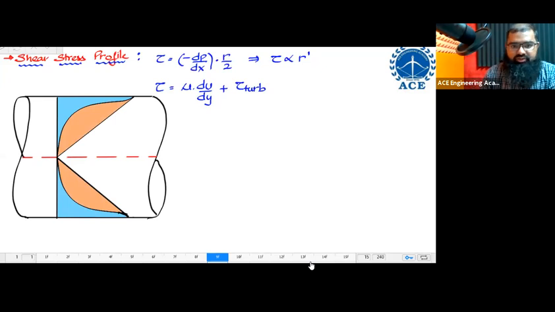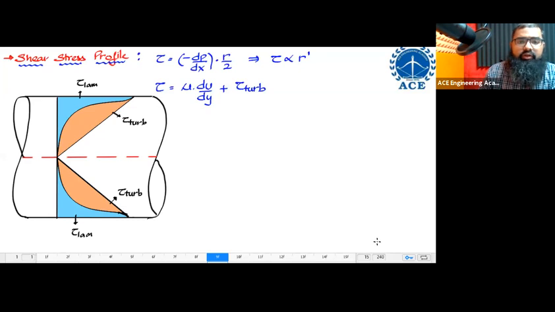So you're having two shear stresses. The net shear stress has a linear profile, but some part has laminar and some part has turbulent shear stress. This part over here is tau laminar, and this part is tau turbulent. At any position, a combination of tau laminar and tau turbulent will be present.